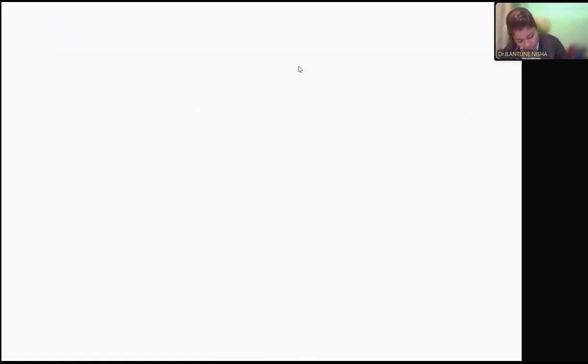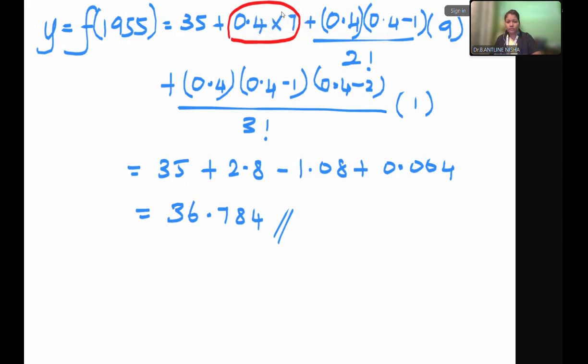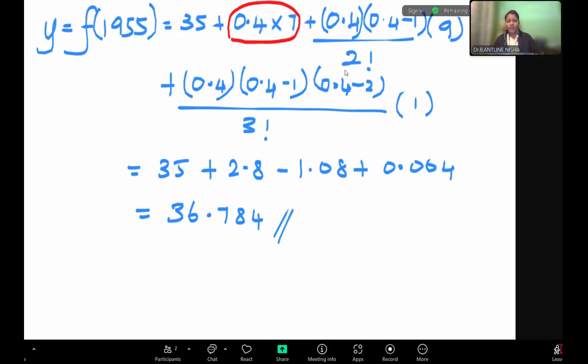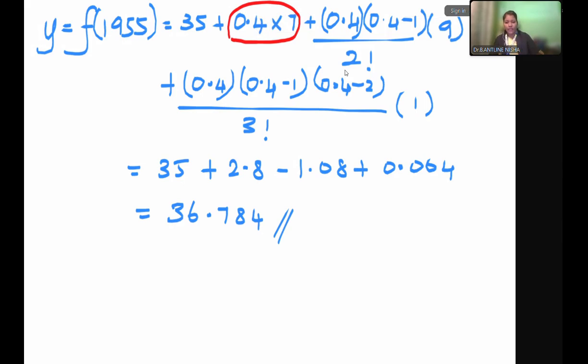Now we can substitute all these values in the formula. After substituting the values, we got 35 plus 2.8 minus 1.08 plus 0.064. If you add all the values, we will get 36.784.